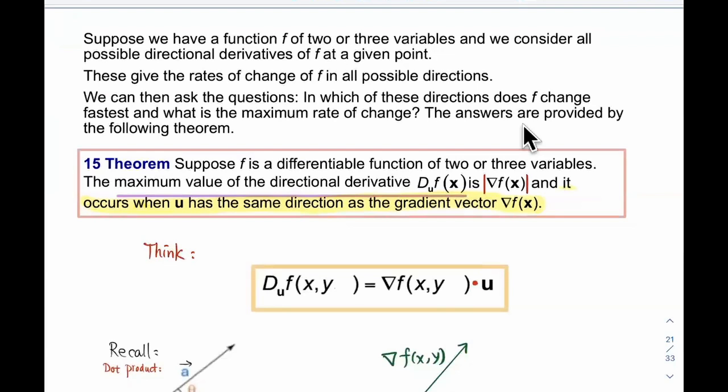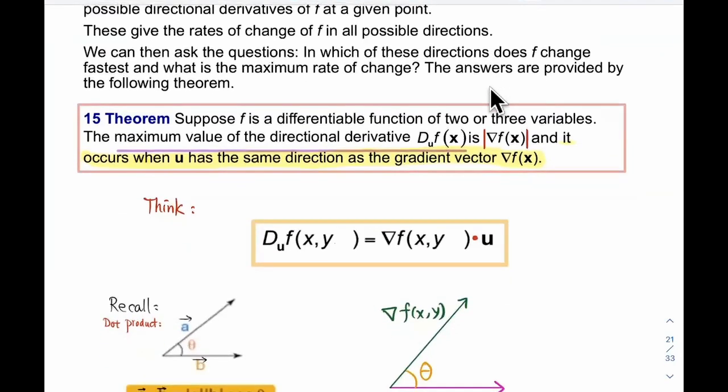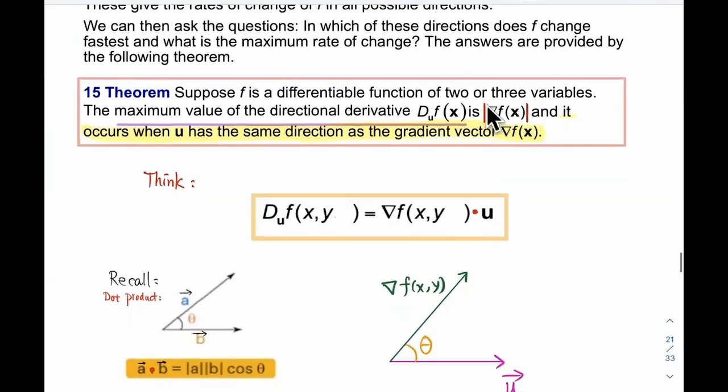So suppose we have a function of 2 or 3 variables and we consider all possible directional derivatives at a given point. That will give the rate of change in all possible directions, right? So if you change the direction, then the rate of change of z is going to change. And then you ask yourself, which direction gives you the maximum rate of change?